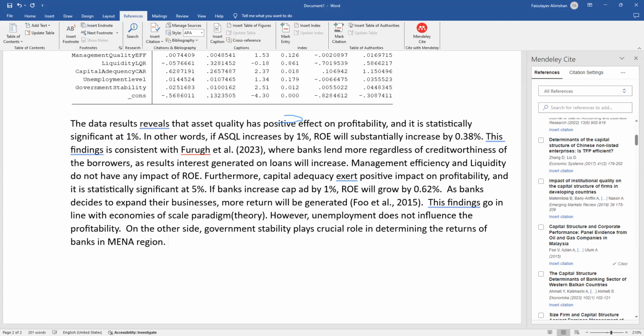If government improves and applies more policy in terms of stability, profitability will increase by 0.02%.